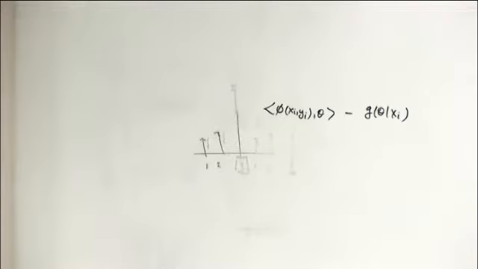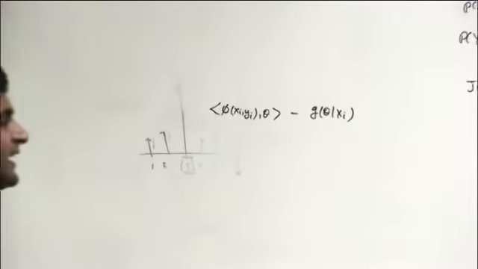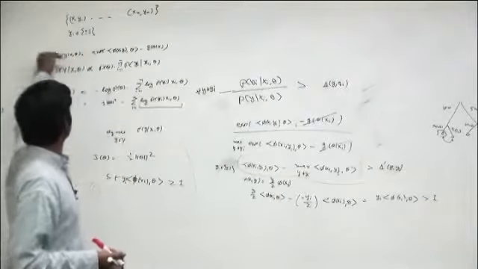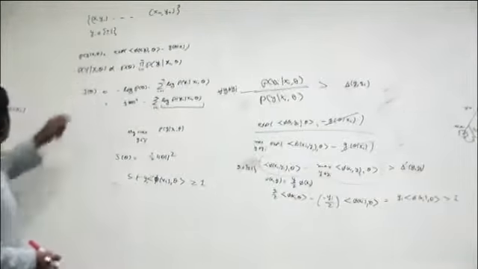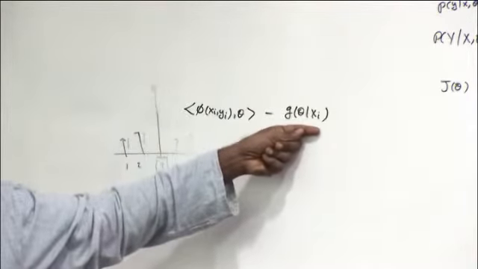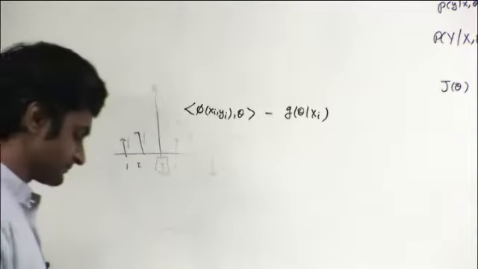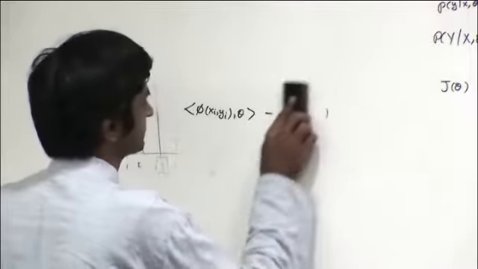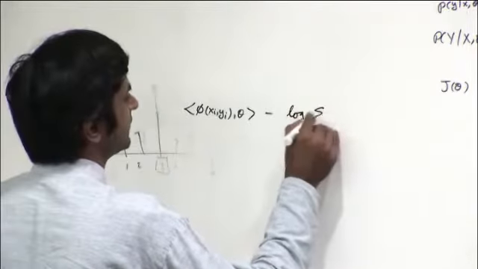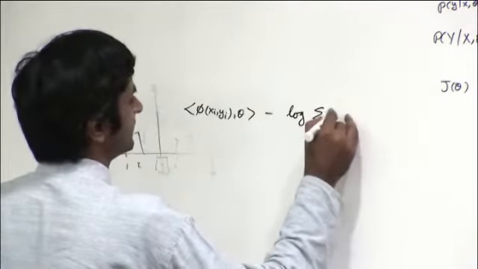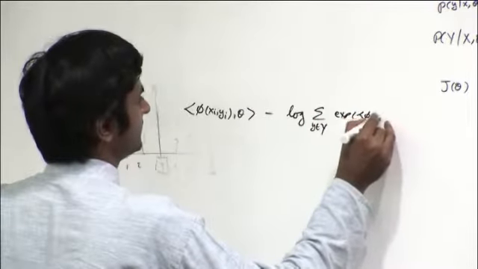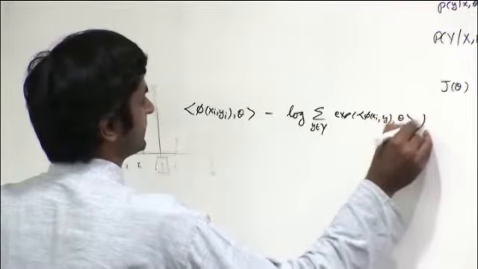And this is how the log of p of yi given xi and theta looks, correct? Because this is the assumption. Now let's look at the definition of g of theta conditioned on x. Let's replace it with the definition, which is the log of the sum over y of exp of phi of xi y times theta.